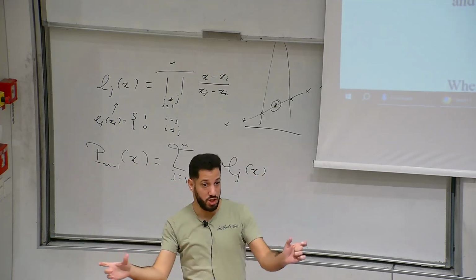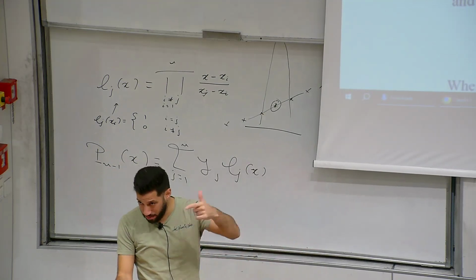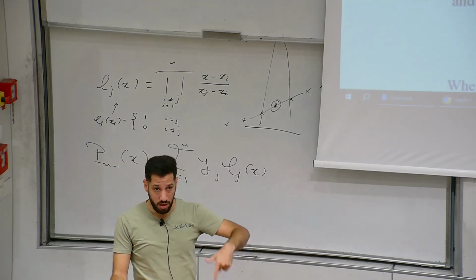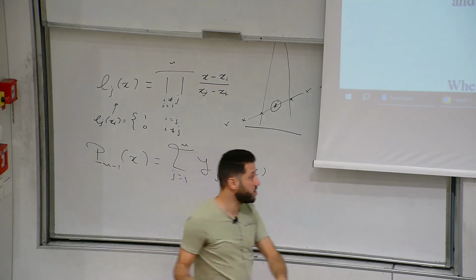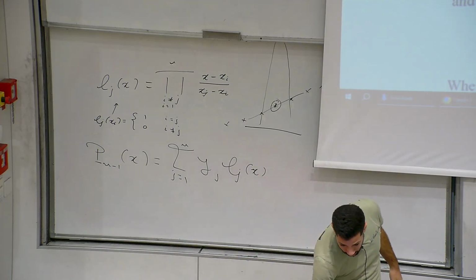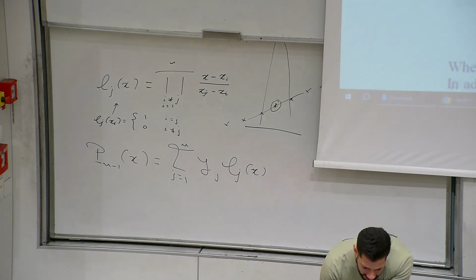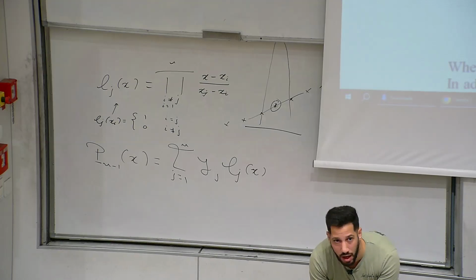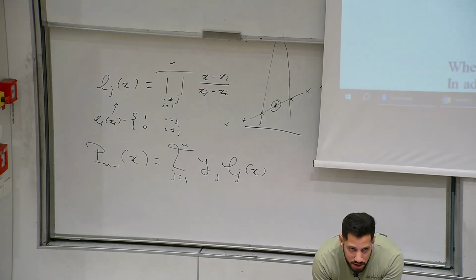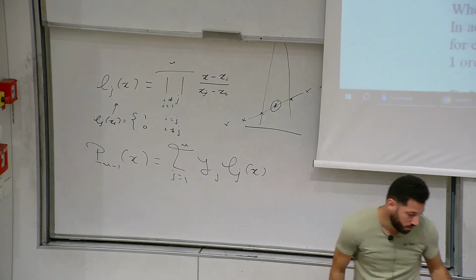And which a and which b will I choose? The answer is the a and b that give you the minimal mean squared error. So that's your metric. And I said mean, which means the average. You don't have the average here, but it's a constant, so it's the same. Okay. Any questions?